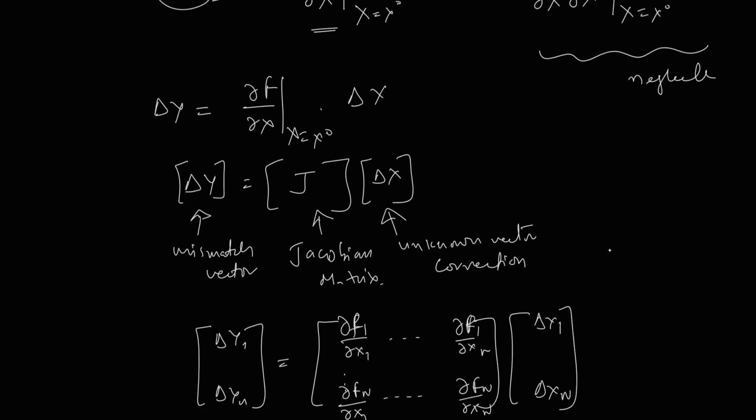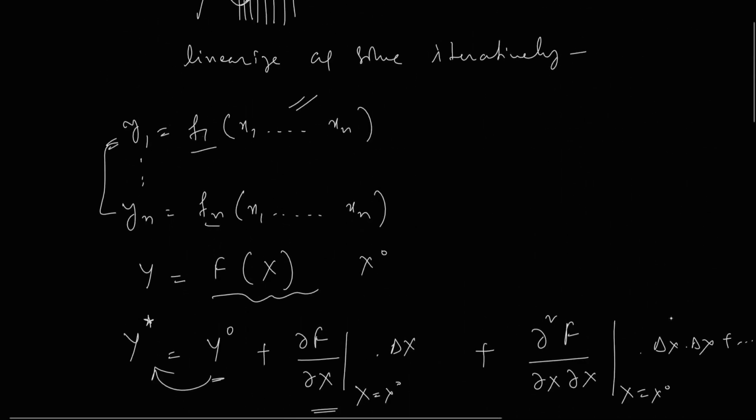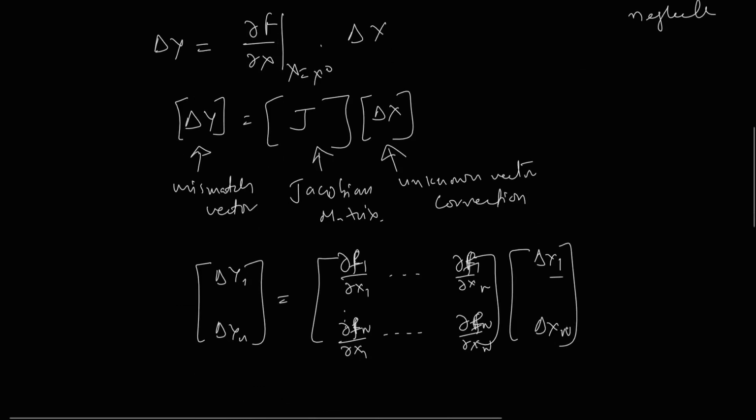Now f1 to fn, taking with respect to x1 to xn, y1 to yn. Okay, right? So this is a simple algorithm. Now the same logic has to be implemented to our load flow studies.